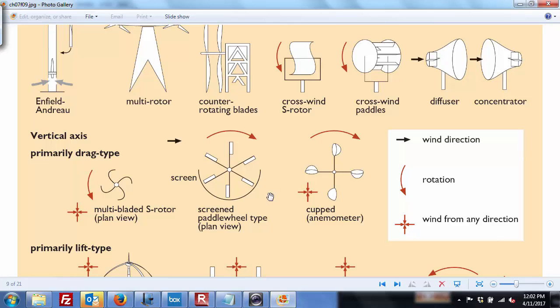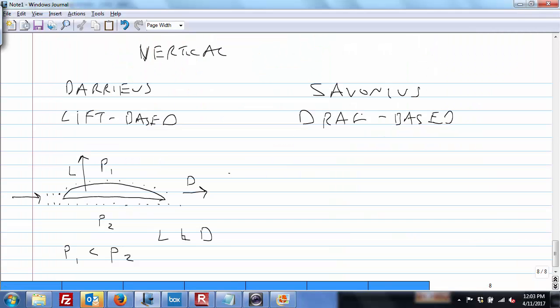The vertical axis, these are all looking down from the top. So these are, again, drag-based, or as I just said, Savonius. And so as these imply, you might have a bunch of little cups or parachutes at the end.